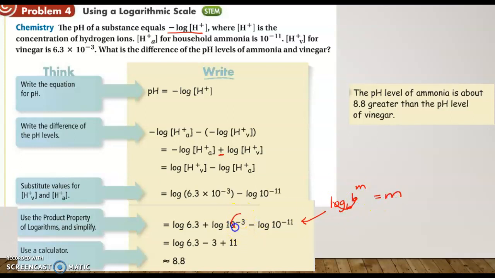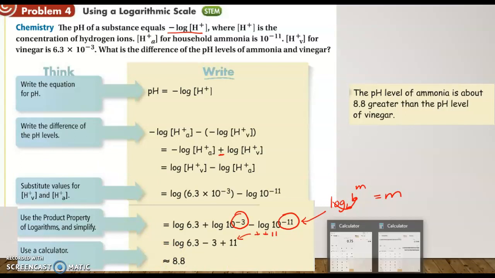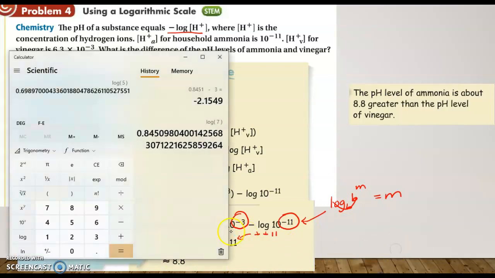So that's why they ended up with a 3 here, and that's why they ended up with a negative 11 here. So when you have a negative 11, it's going to become positive. So they took the log of 6.3, then added 3, and added 11, and we can do that too. And you will get 8.8.